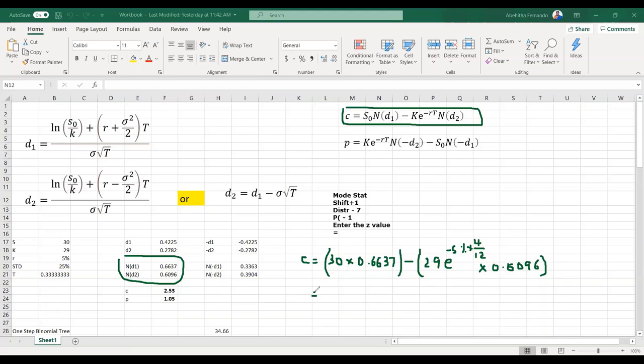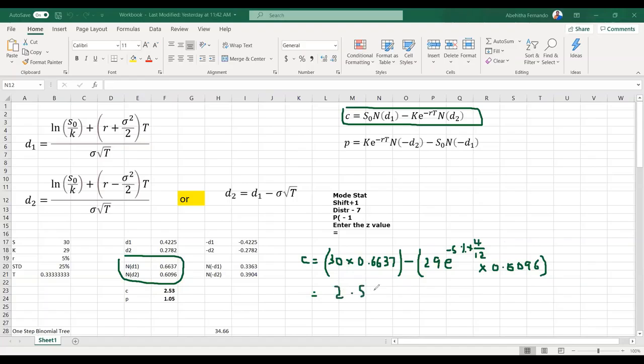What is the value of the call option? If you calculate it, you should get 2.52, right?